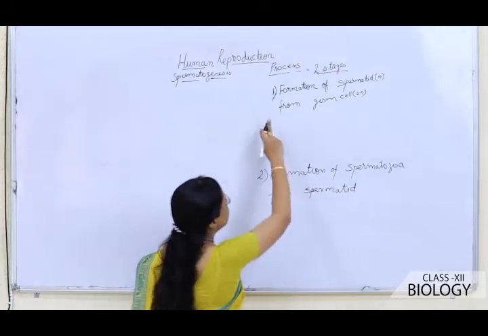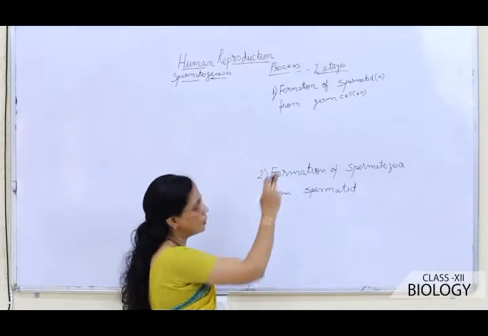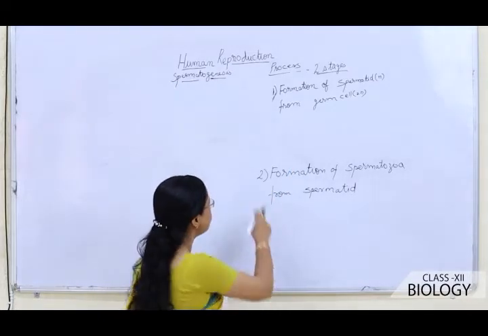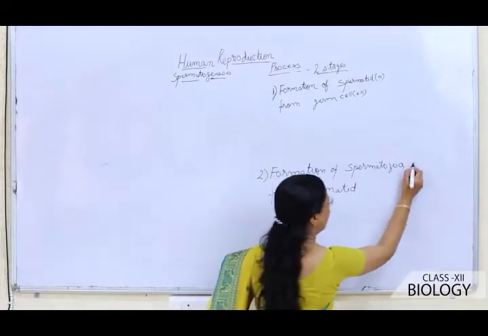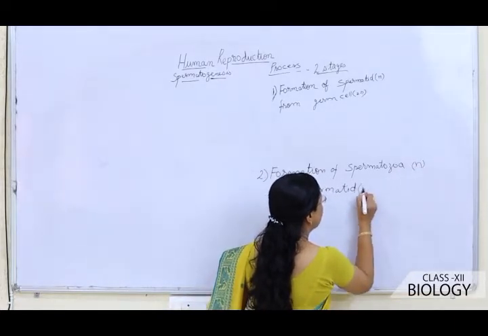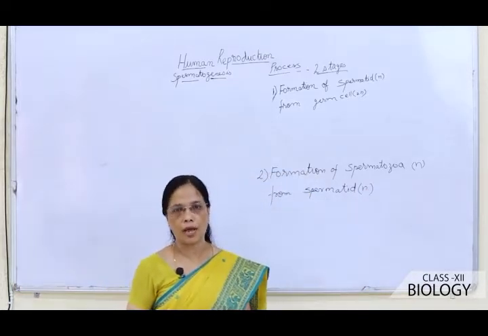So the first stage is formation of spermatid, which is haploid, from germ cells, which are diploid, and the second stage is formation of spermatozoa, which is haploid, from spermatid, which is also haploid.